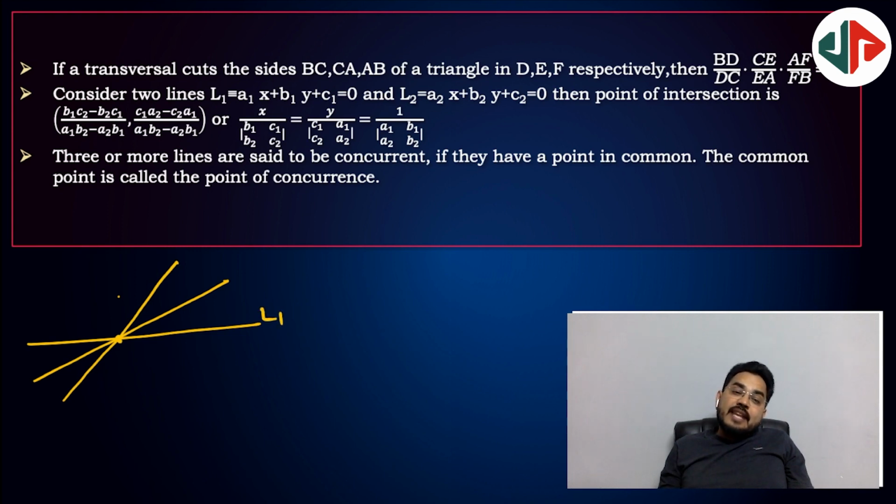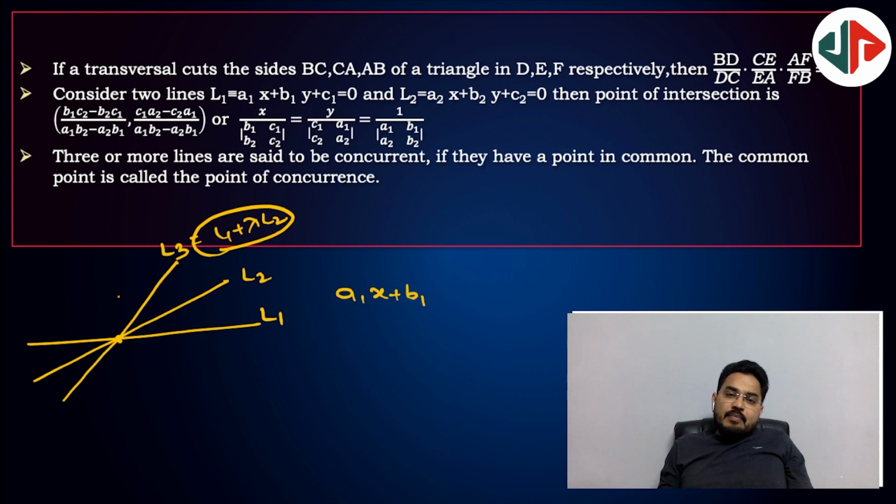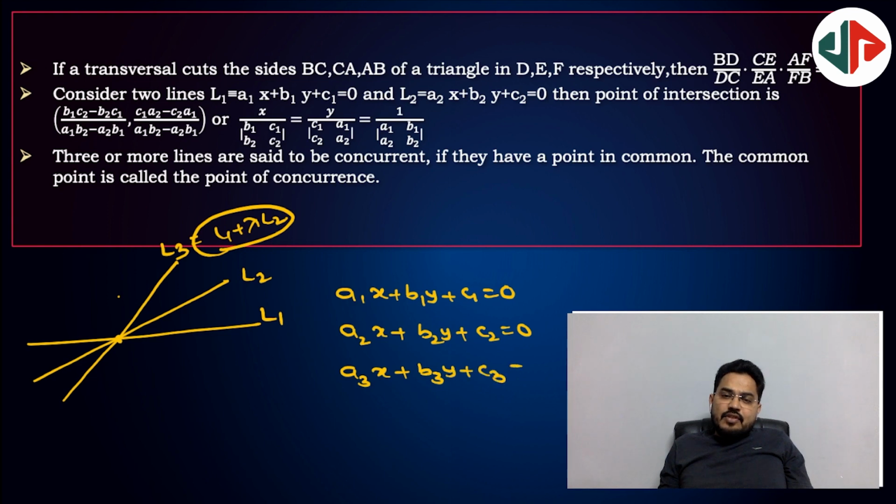For example, this is L1, this is L2, this is L3, and L3 can be written as L1 plus lambda L2. So for different values of lambda, you'll get different lines. But here typically, for example, A1x plus B1y plus C1 is equal to 0, A2x plus B2y plus C2 is equal to 0, and the next one is A3x plus B3y plus C3 is equal to 0.